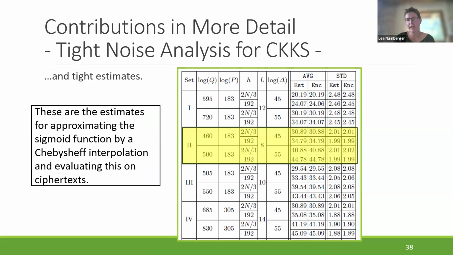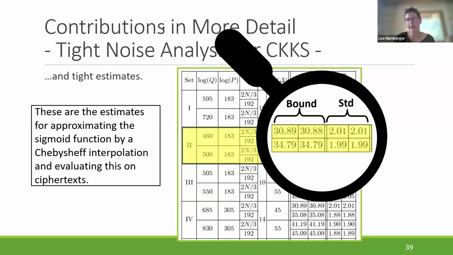Here we see the standard deviation. These are the theoretical values that we obtain, and these are the practical values that we obtain if we just run experiments. So we see that up to 2 bits behind the comma, we are completely exact in our theoretical versus practical experiments.